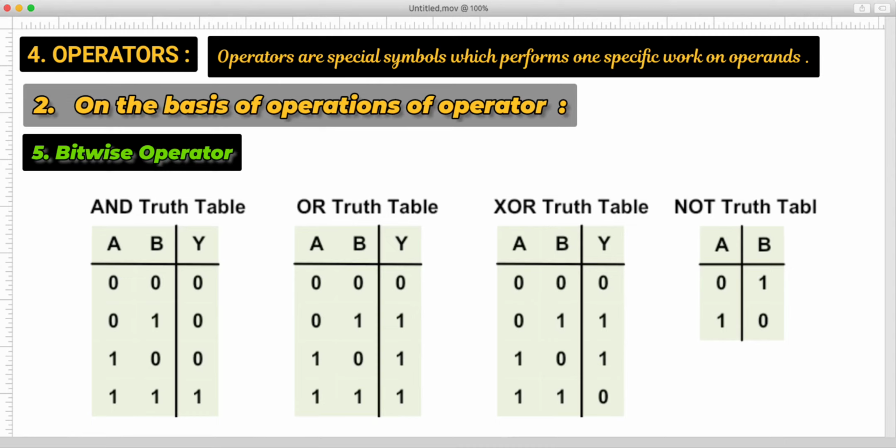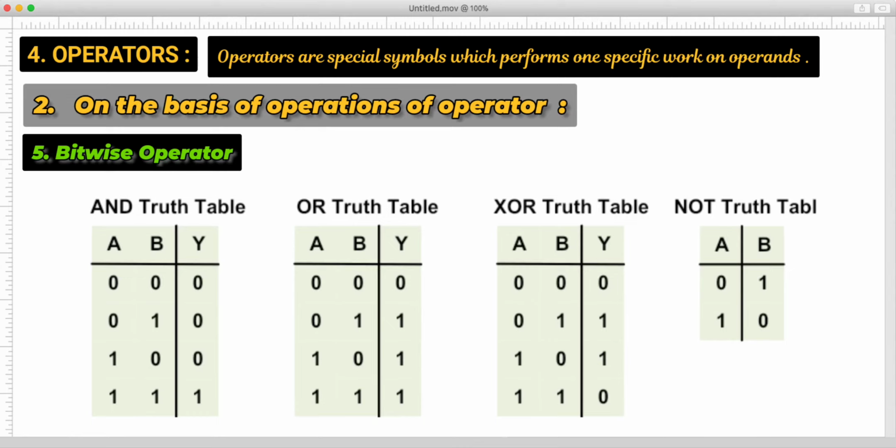So if exactly one of the conditions is true, it gives the output as true, and if both are true or both are false, then it gives false. So this is all about the XOR operator. Now NOT, as we have seen, complements, so it will convert 0 to 1 and 1 to 0.